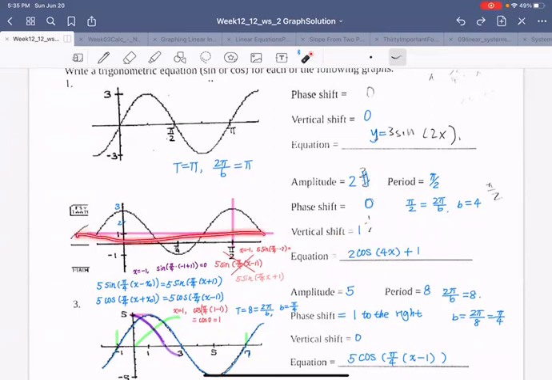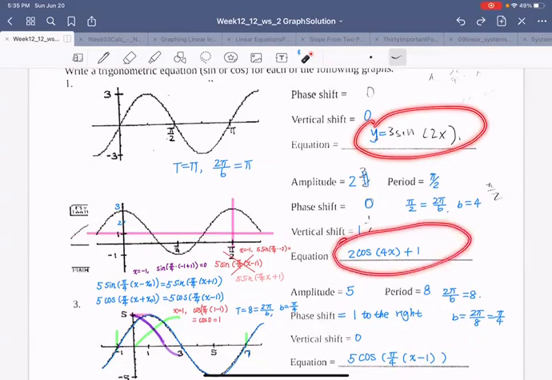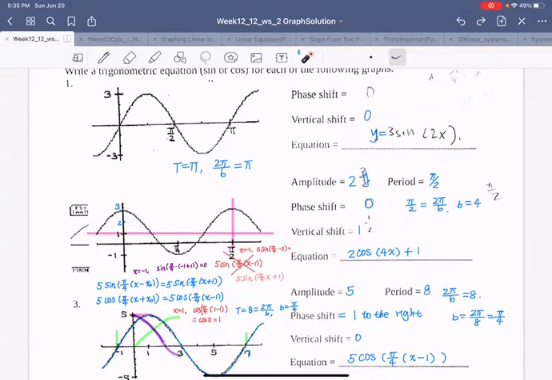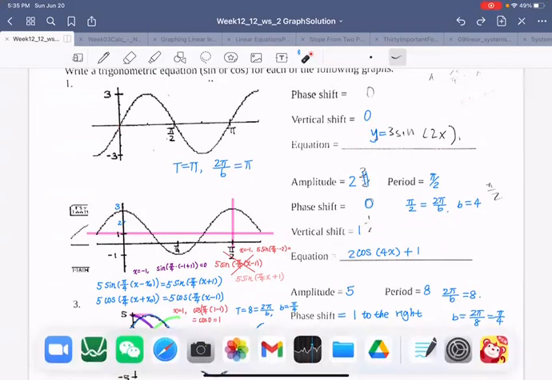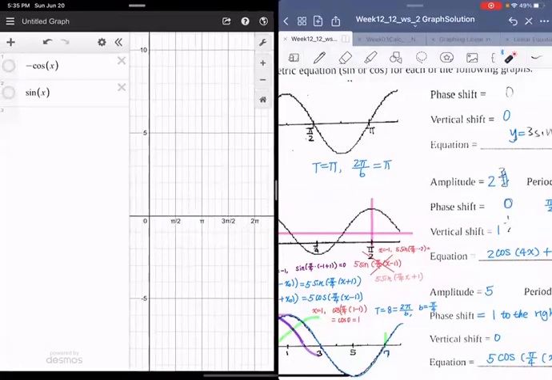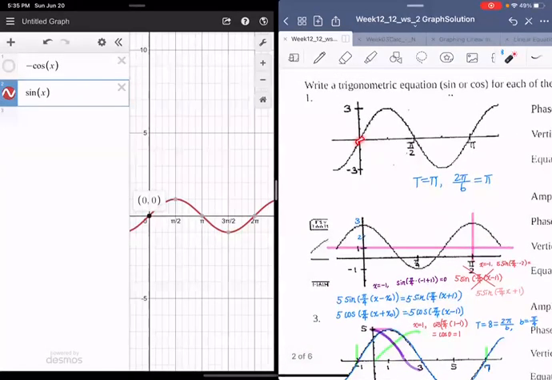Does anybody have any question for this and this? Any question for here or here? Second graph. Can you tell me how you can figure out if it's cosine or sine again? Thank you for asking. Sine x starts from the midpoint position, so you choose sine.